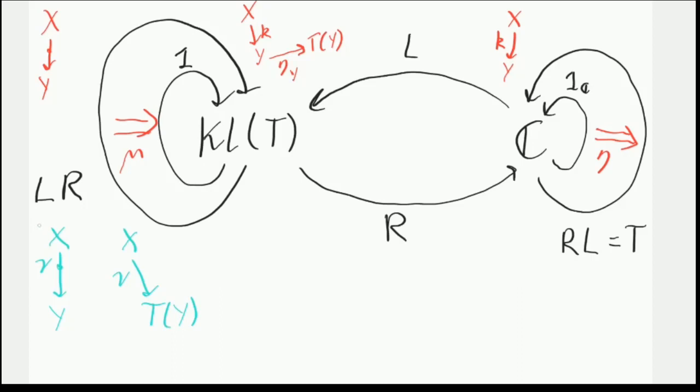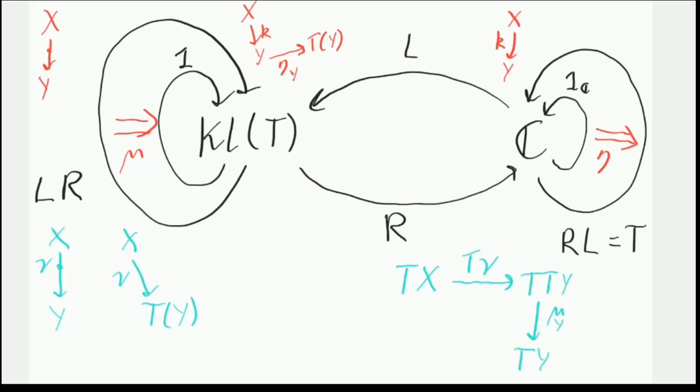Now, what's the image of this Kleisli arrow under our right adjoint functor R here? Well, it turns out we're going to get the arrow of C which starts at Tx, and then we do Tv, and we get TTy, and then we do mu, and now we get Ty.